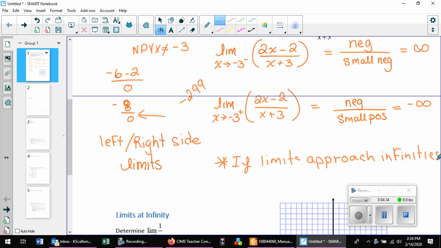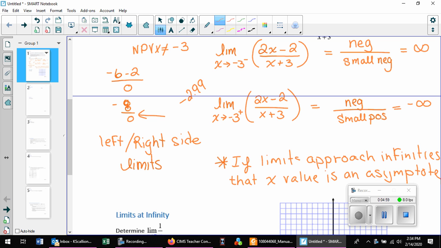Multiple infinities. Approach infinities. Okay, so that's the big important thing. If they actually approach a number, that means it's a point of discontinuity.